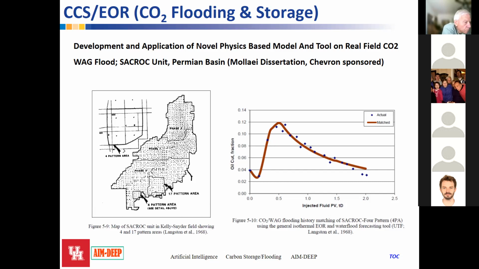So we came up with some novel analytical models to match the history very fast and also give us reliable predictions for the performance of the CO2 flood. By performance, I mean key reservoir engineering variables, including oil rate, cumulative oil recovery, oil cut, and saturation, and the same could be used for the CO2.